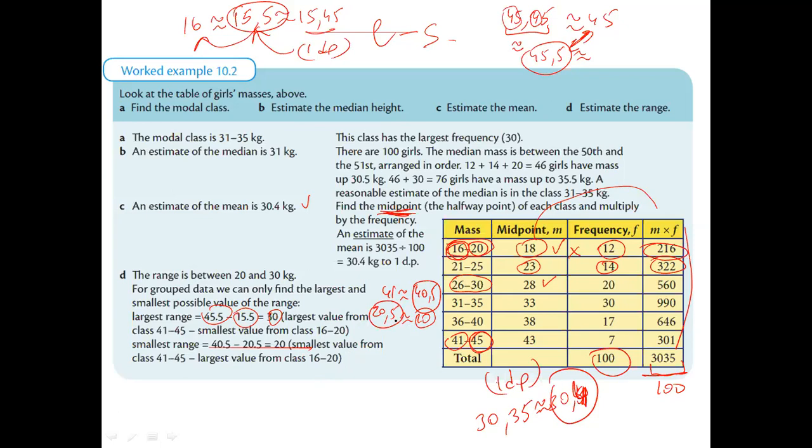Why? Because here we need the smallest value. Normally 20.25 is equal to 20, but here we took one decimal place, 20.5. That's why we can take 20.5 and 40.5.